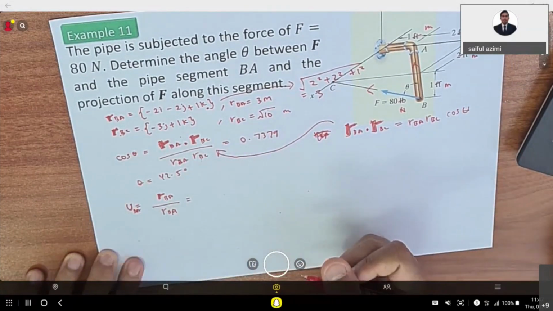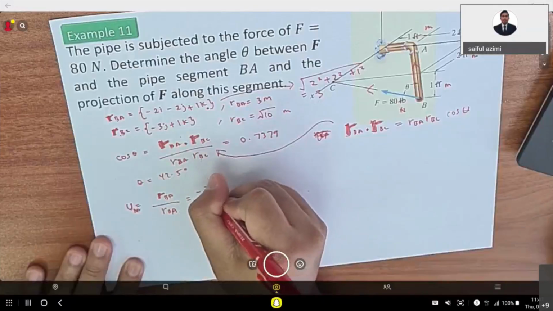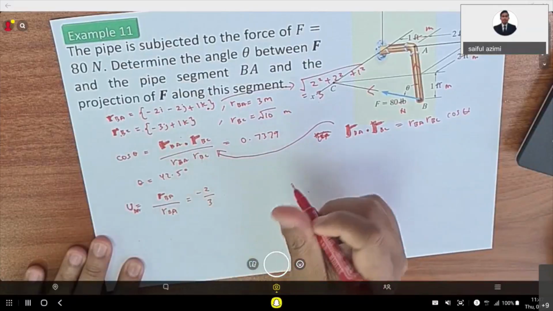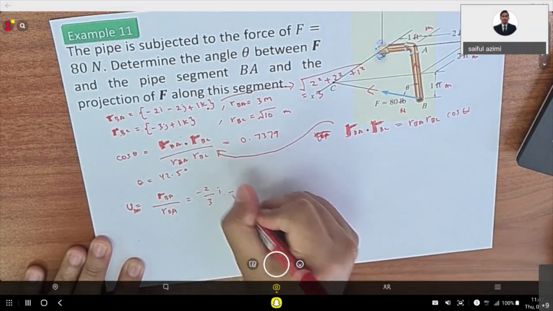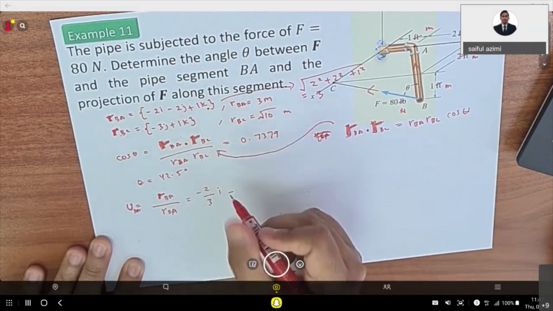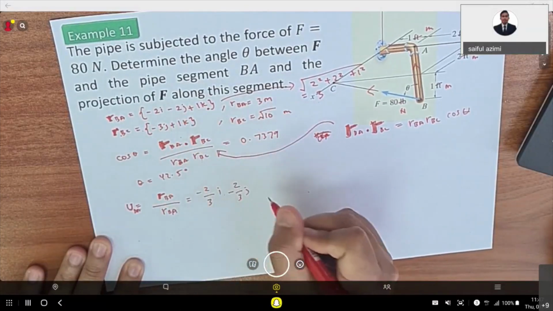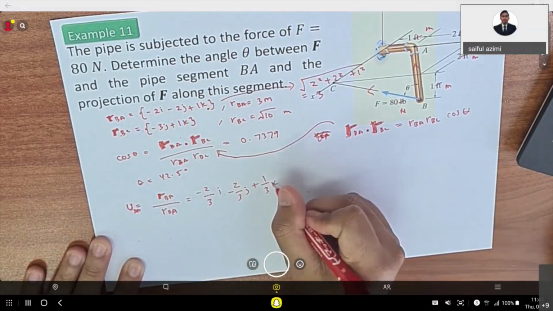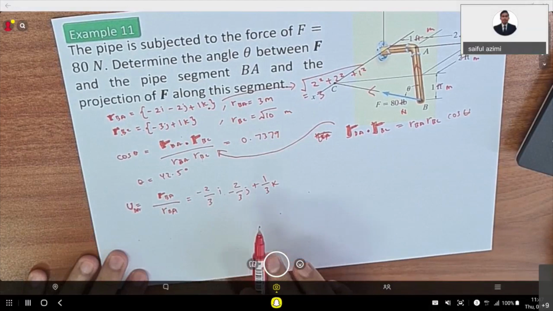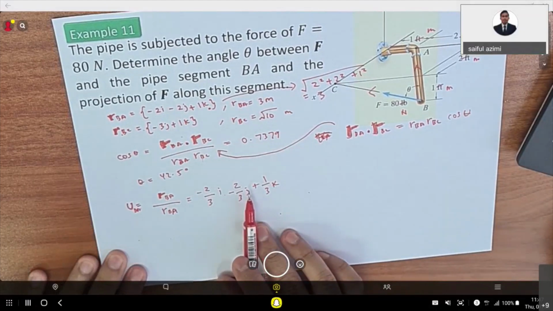It will be equal to negative 2 over 3 i, minus 2 over 3 j, plus 1 over 3 k. So this is the unit vector you already got, right?